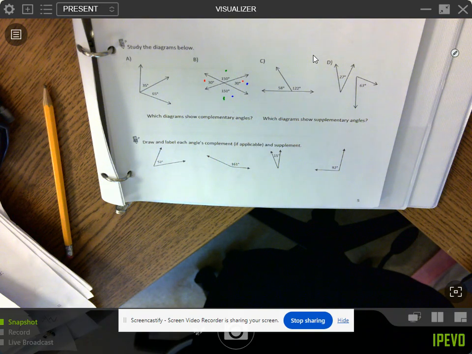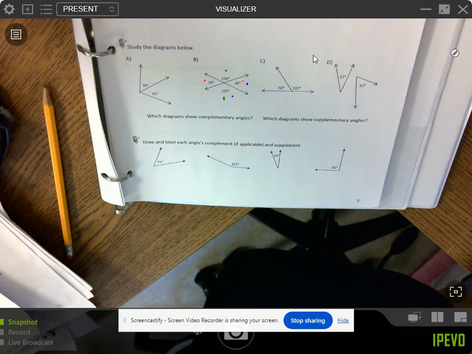Then on the bottom it says draw and label each angle's complement, if applicable, and supplement. So we don't have to be precise with our protractor. We can just draw this one, but it needs to logically make sense.